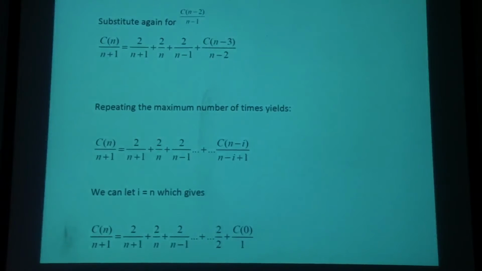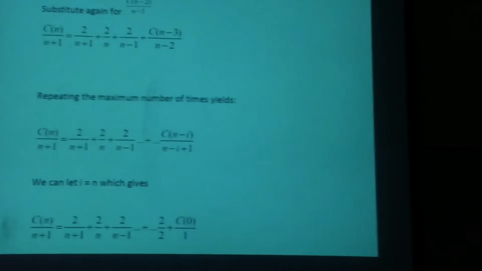But what we're seeing up here is that this is n minus 2, even though here we did 3 substitutions. 2 is 1 less than 3. So that means we need 1 less than I in general, which means I minus 1.